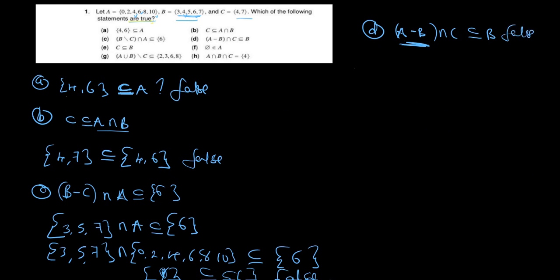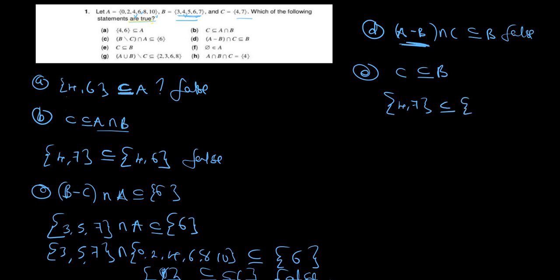All right, so what about now E? E is saying, is C a subset or equal to B? So we want to see if the C members are equal to B members. That's the meaning there. It's more like an equal sign. So what we are going to do, we list everything in C. In C we have 4 and 7. Is it a subset or just equal to B?